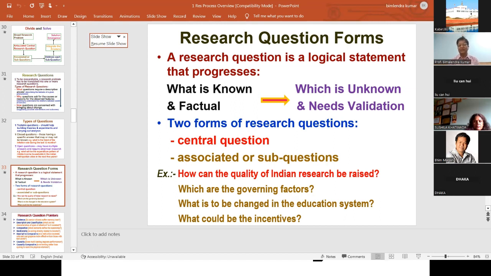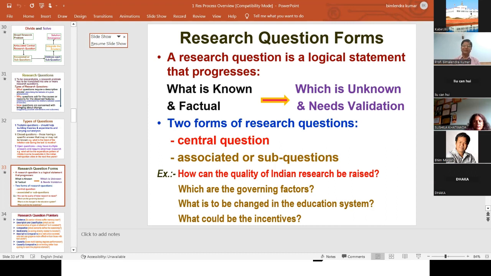What is to be changed in the education system? What could be the incentives? These are sub questions. There are so many questions arising, such as why the quality of education is decreasing day by day, what are the causes, and what are the solutions to those problems.